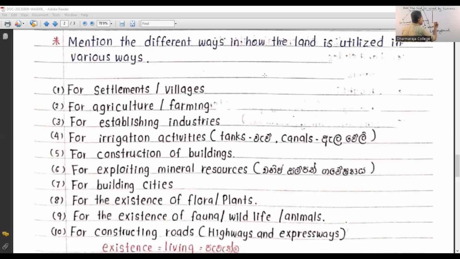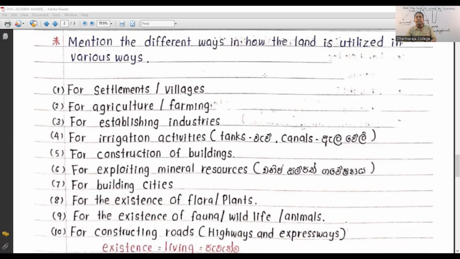We go down the land and take them out. Then for building cities, to build up new cities, and for the existence of flora and fauna. Why? The land is utilized not only by humans, the land is utilized by animals also, by plants also.